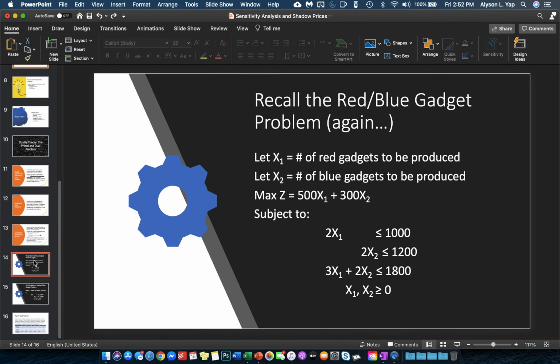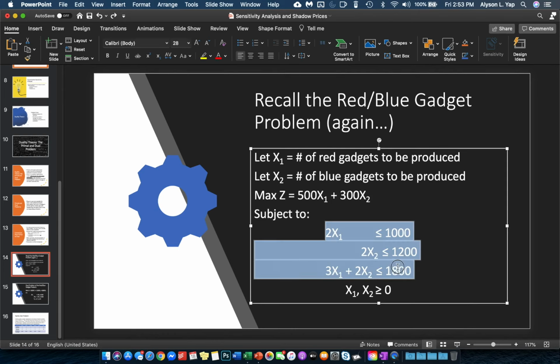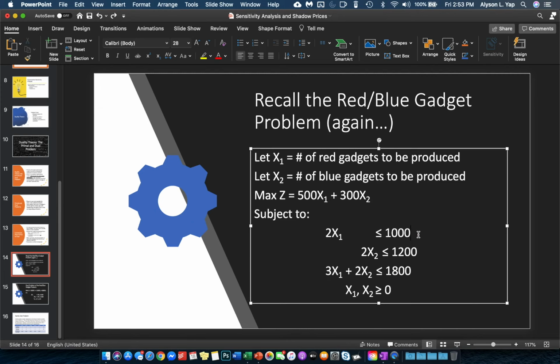Okay? So again, looking at the primal problem, we understand fully what this problem is. Our objective is to maximize the total profit of the ABC company while taking into consideration the 3 supply constraints, which are your steel, wood, and labor. Okay? So in this case, let's try to understand the dual problem using the same analysis that we did in the family diet problem.